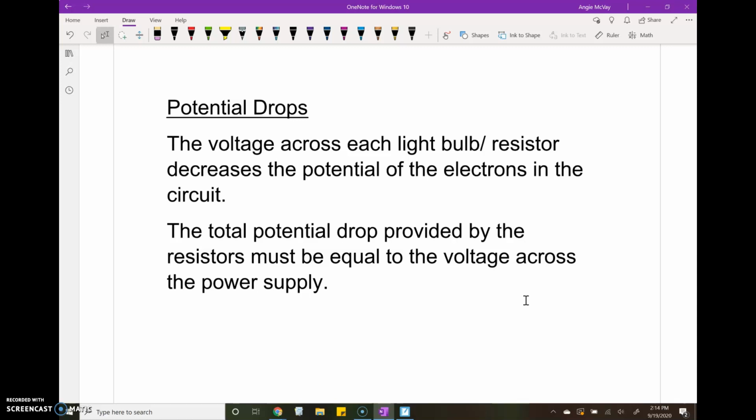The total potential drop provided by the resistors must be equal to the voltage across the power supply. Okay, so potential is an electron corollary to energy. So we can think of potential like electrons' potential energy.